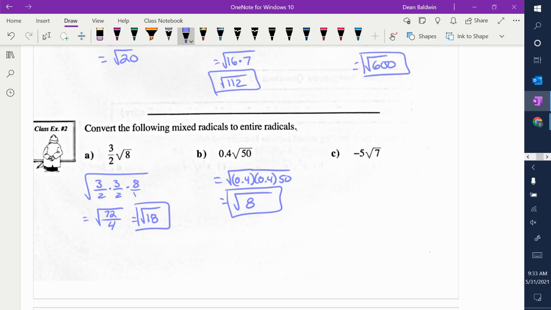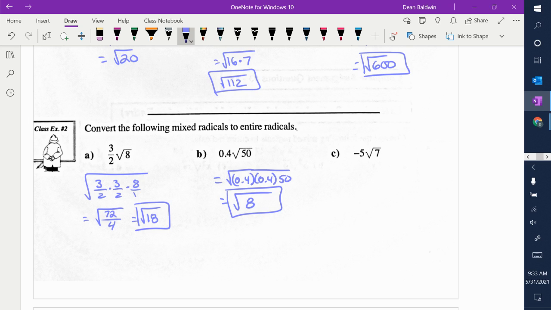Okay, what if you have a negative? Look at the index sign. So can you put a negative inside? If the index sign is even, you have to leave the negative on the outside.